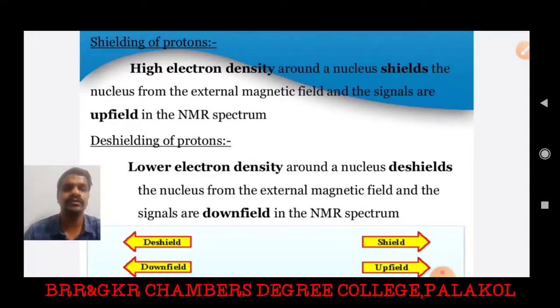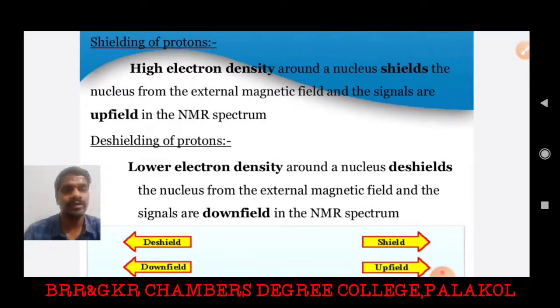So what is shielding and what is de-shielding? High electron density around a nucleus shields the nucleus from the external magnetic field, and the signals are upfield in the NMR spectrum. What is meant by de-shielding? Lower electron density around the nucleus de-shields the nucleus from the external magnetic field, and the signals are downfield in the NMR spectrum.